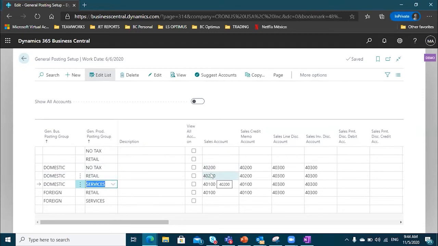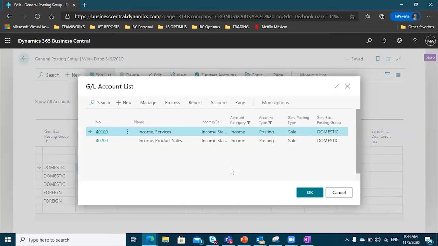Remember, if you remember, this is trading accounts, sales, cost of goods sold, inventory adjustments, and of course, purchases related GL. Okay, so this is why this is called general. Okay, it has two columns, and we are just combining the domestic with all the general product posting group. Okay, so in your company, you can do the same according to your criteria, just combine them, and you could immediately, by selecting in these three dots, all the GL accounts are available.